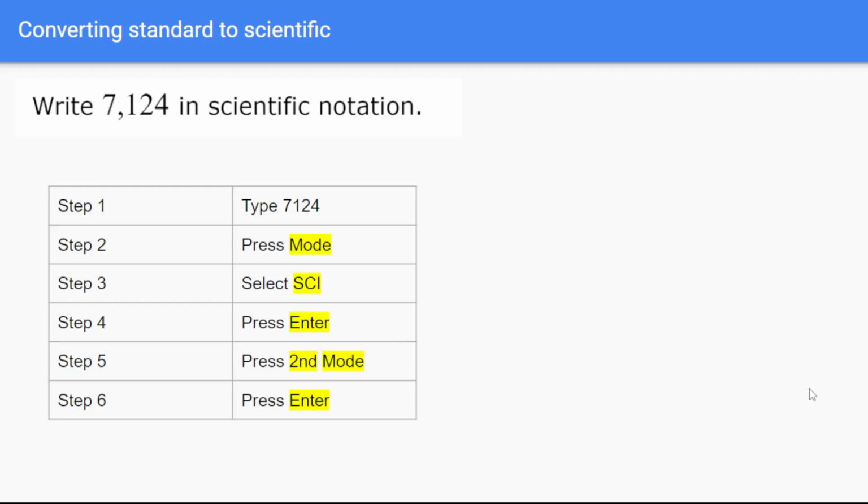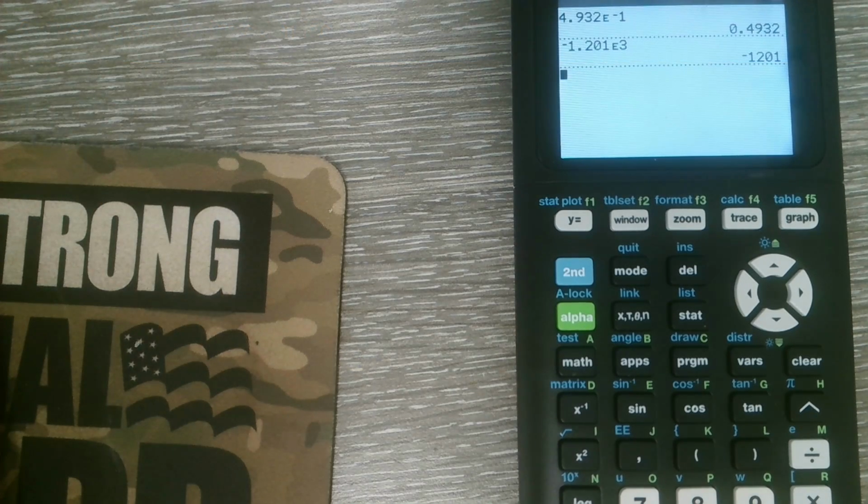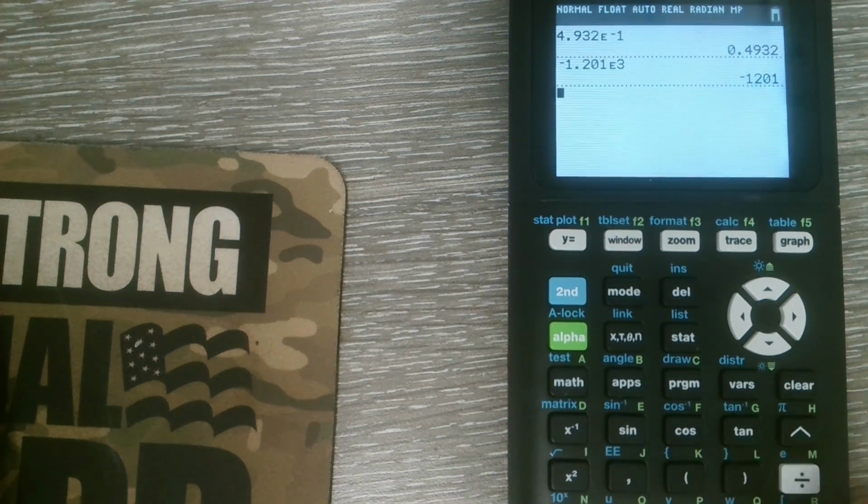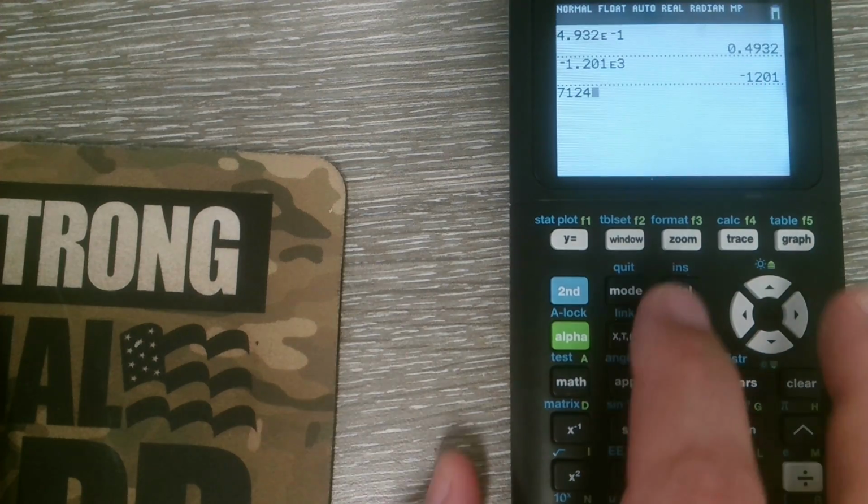Now, when you're converting from standard to scientific, it's very similar. First step is type the number, then you press mode, and then select scientific, hit enter, and then press second mode to get out, and then hit enter again. So just like we did. Okay, so 7124, mode.